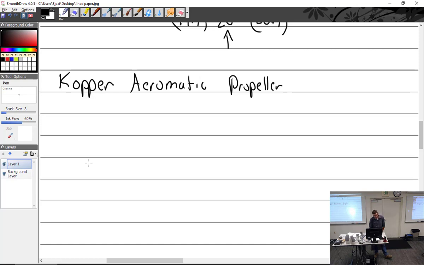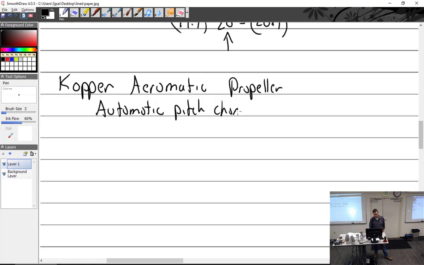I don't really know of any others like this. This is considered an automatic pitch change prop. By automatic, I mean that it will change its blade angle all on its own, regardless of what you as the pilot or mechanic wish it to do.